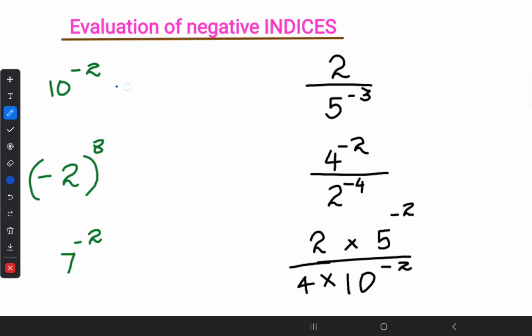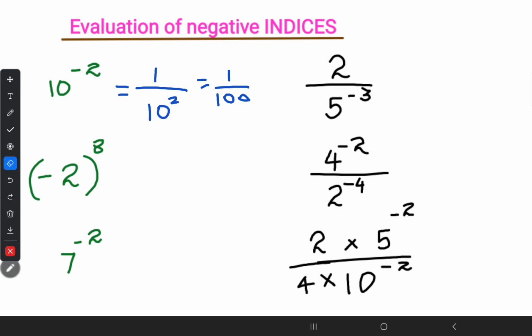In the first question, 10 with the power of negative 2. So 1 upon 10 with the power of 2, 1 upon 100. Next one, 2 with the power of negative 8. Negative 2 to the power of 8. Okay. So no need to convert this, because it does not have any negative powers. That's why I gave you this question.